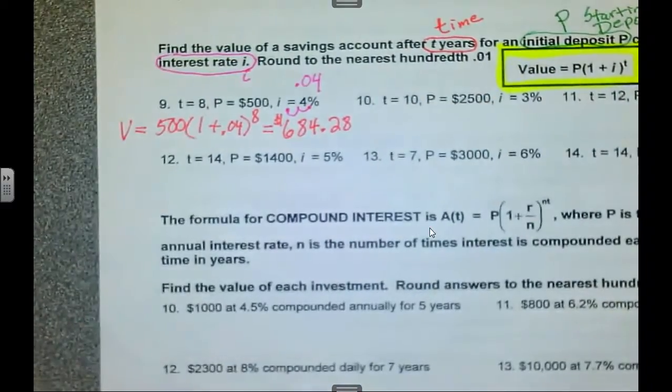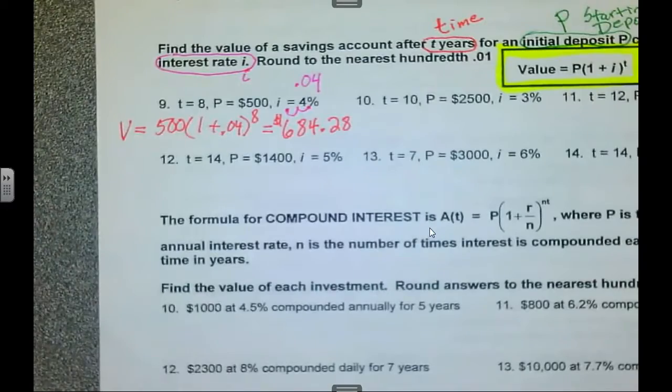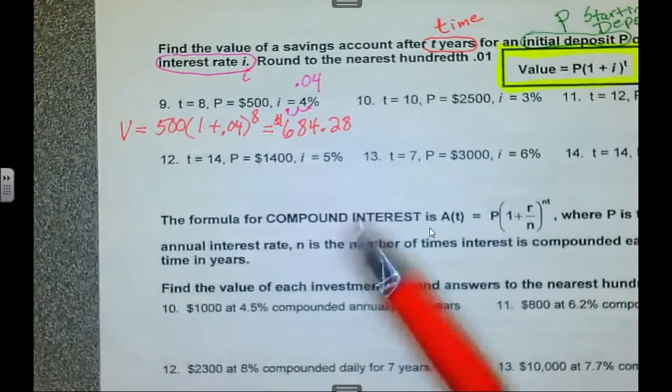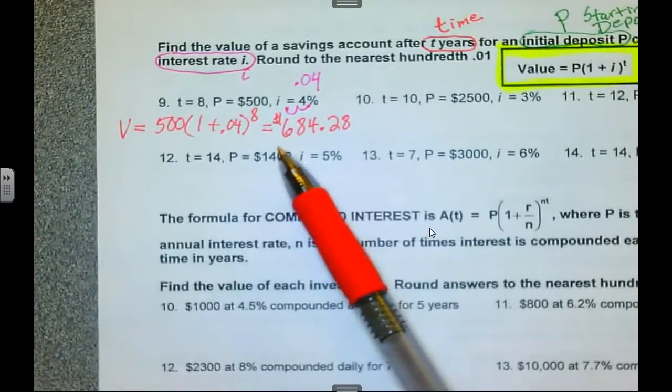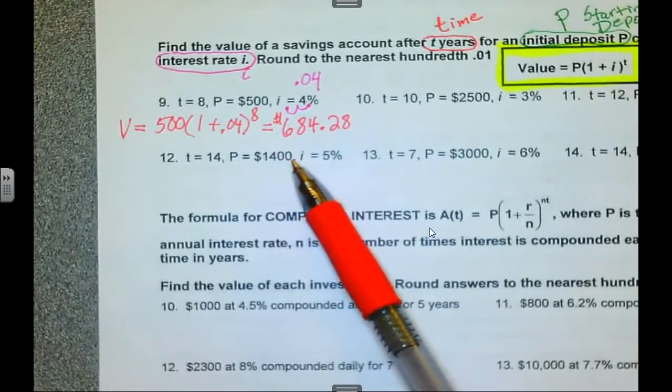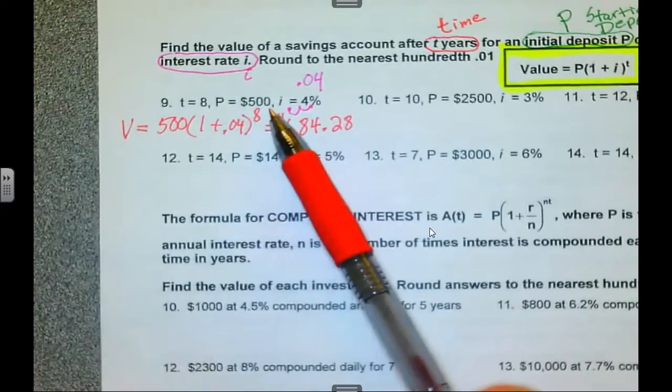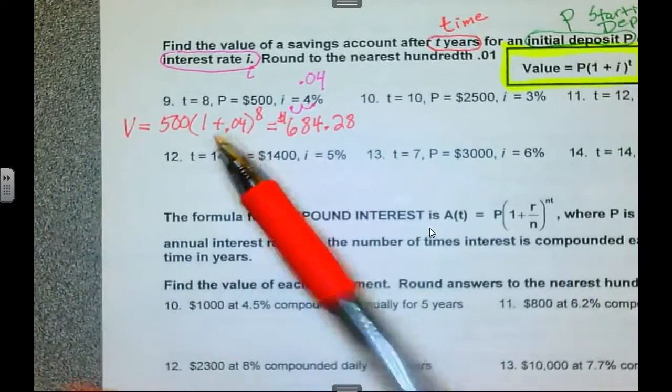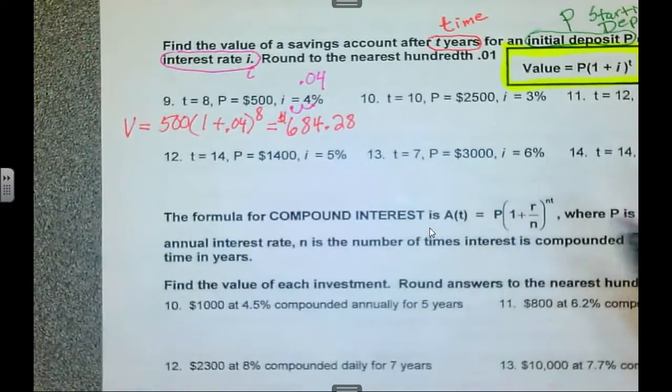Now, step back for a sec. I want you to look at the answer and just think, hey, does this make some kind of sense? Because I have students that will come out with negative numbers or like $3 million. Well, if you start out with $500, you did something wrong if you get a number like that, right?